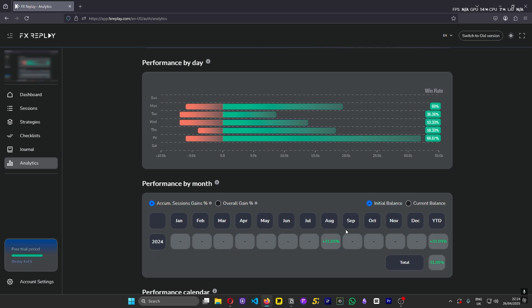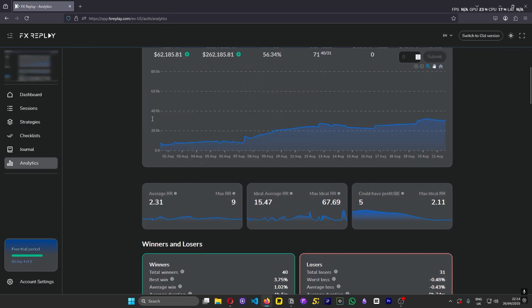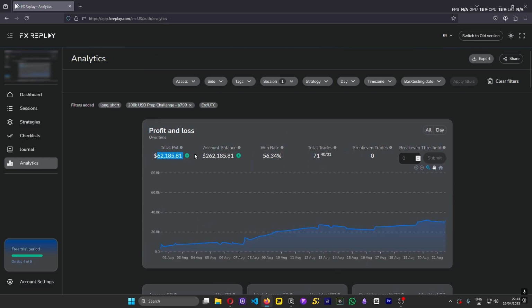And on paper, when I was trading on demo, my best return was like 15% in a month. And this is with risking 0.5%, so it's actually half of this, meaning it would be 30k for the month if I was going for a prop from a 200k account. So this is very impressive.